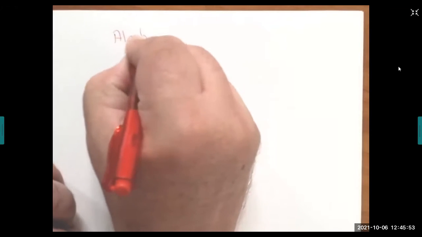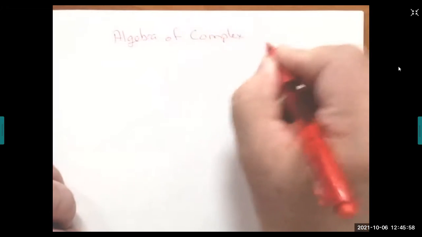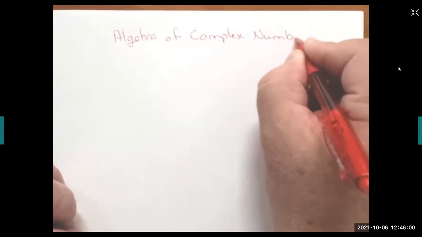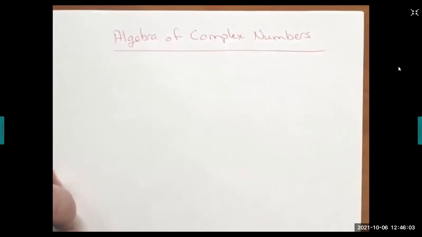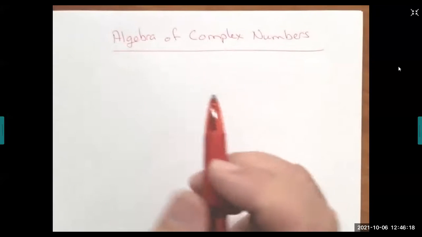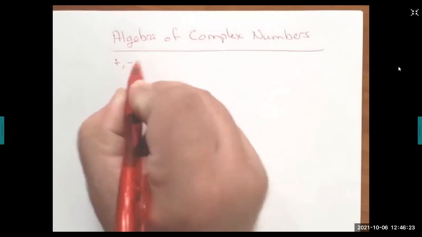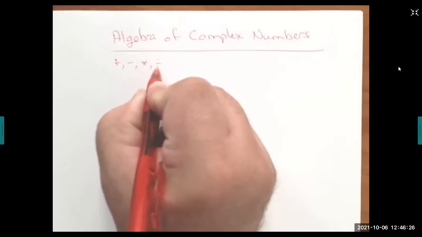All right. Let's talk about the algebra of complex numbers. This is going to take us the longest part. When we talk about the algebra of anything, all we talk about is addition, subtraction, multiplication, and division.